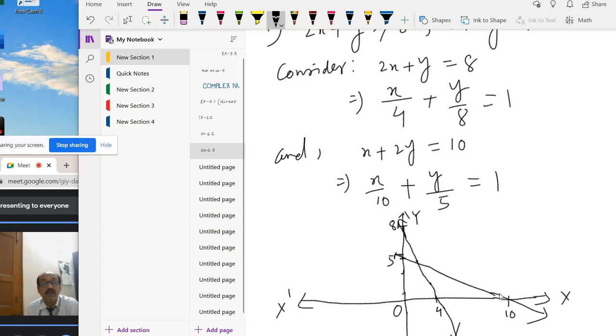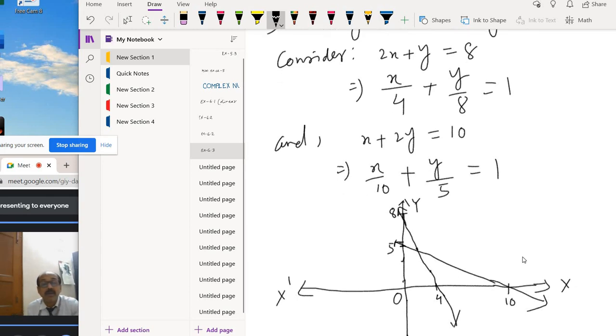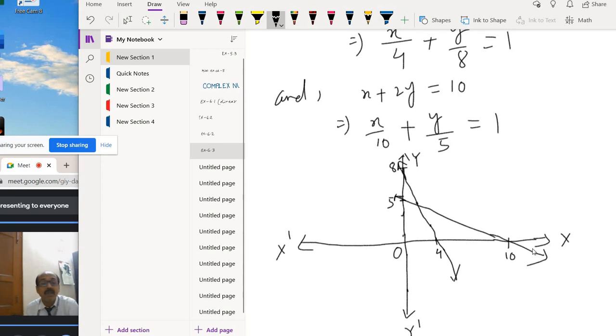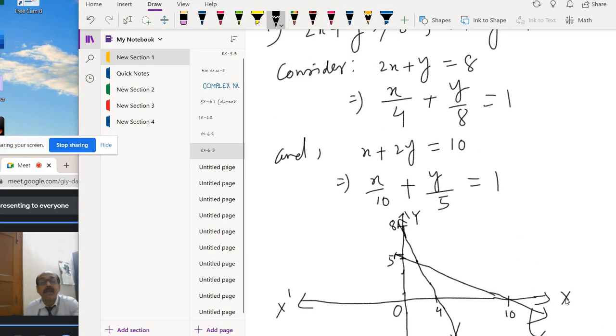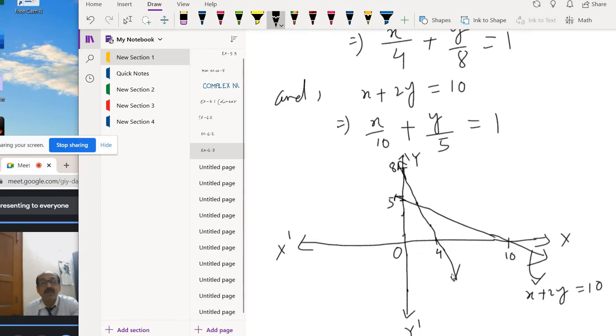So this line is x plus 2y equal to 10, and another one is 2x plus y equal to 8.